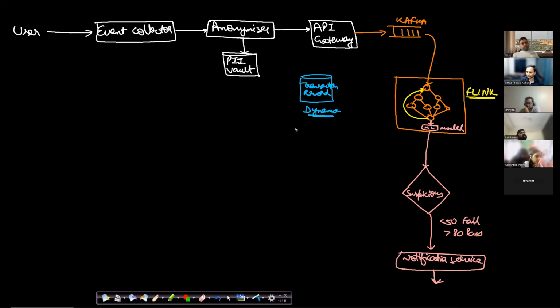Okay, and which output will come here? Output from Kafka will come, output from suspicious activity will come, notification service will come. Which output should come? It can come from anywhere, but if we just write from Kafka, we have not yet made the decision.